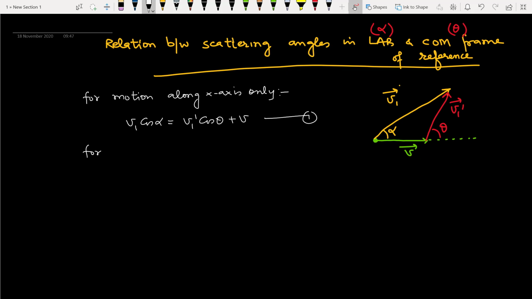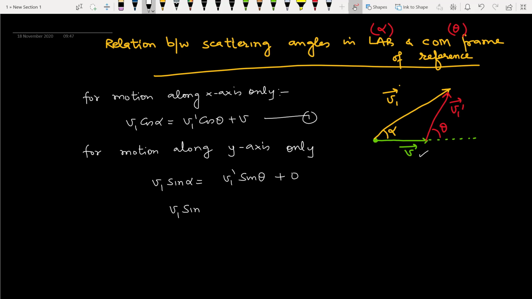For motion along the y-axis only, we will take y components. So it will be v1 sin alpha equal to v1 dash sin theta, and no component of v, because it is along the x-axis and its component at 90 degrees to it will be 0.